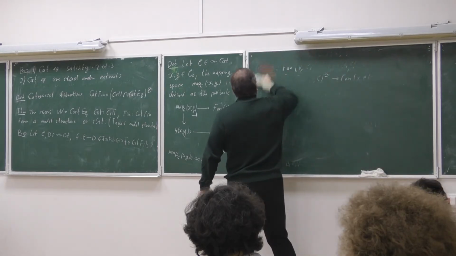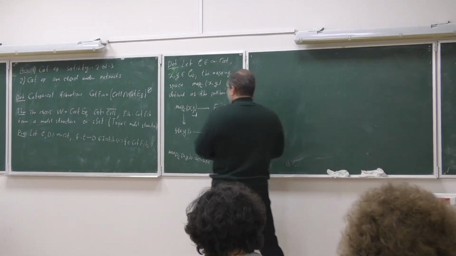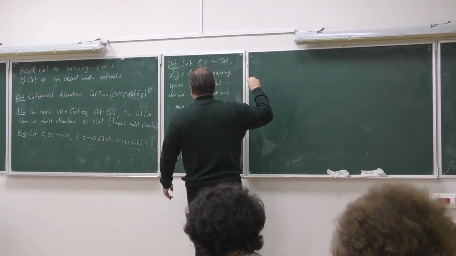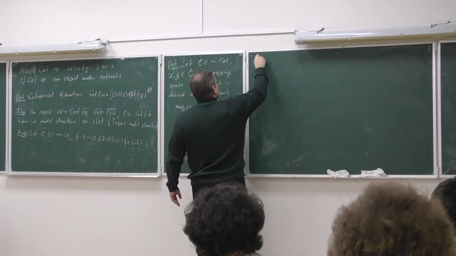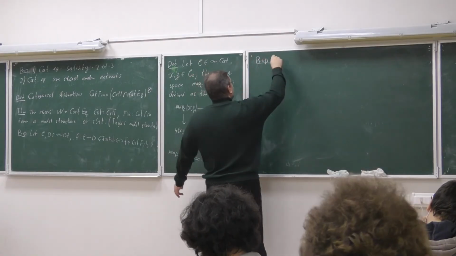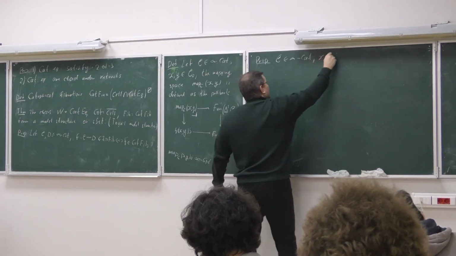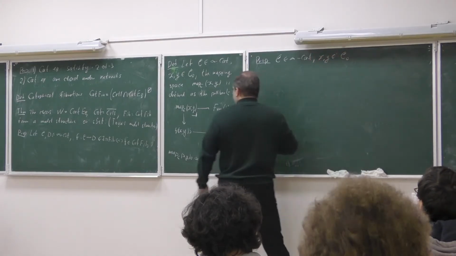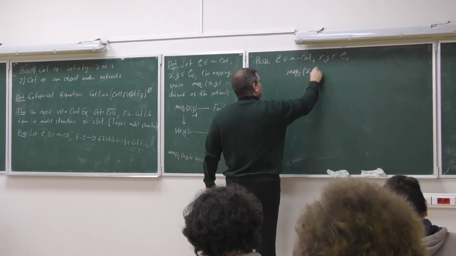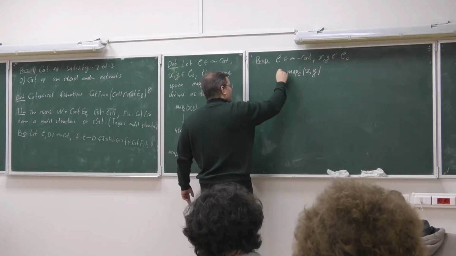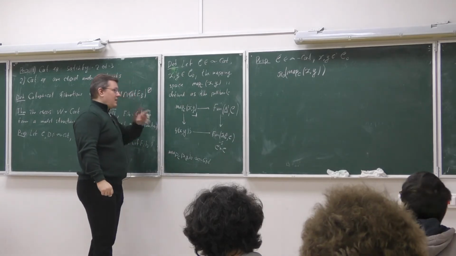And of course this agrees with the naive theory, in the sense that, say, a proposition: C is an infinity category, X and Y as before are two objects, you take this mapping space, and then you apply pi 0 to this mapping space. So what would you guess the answer is for this pi 0?